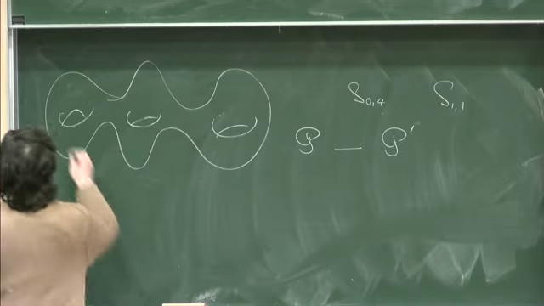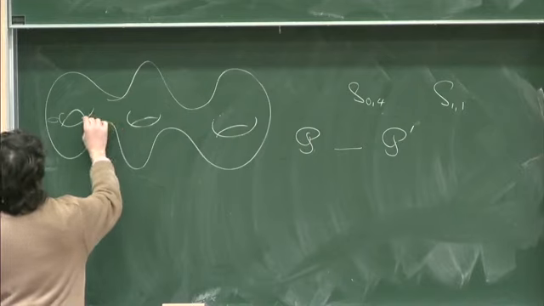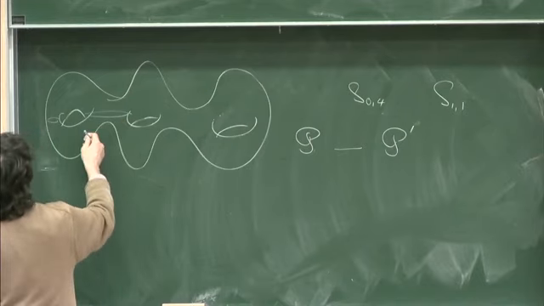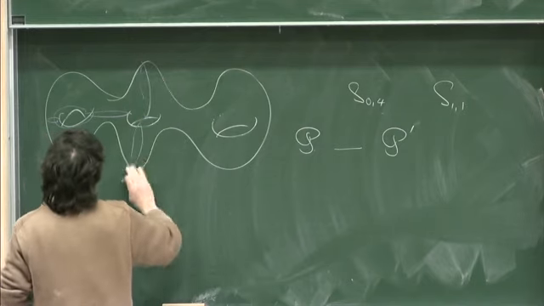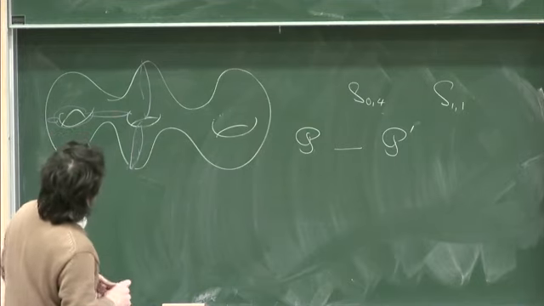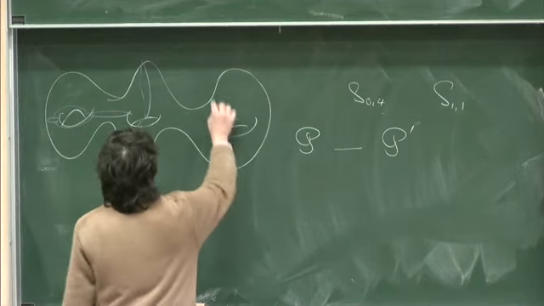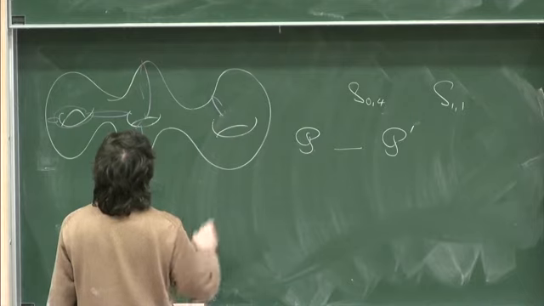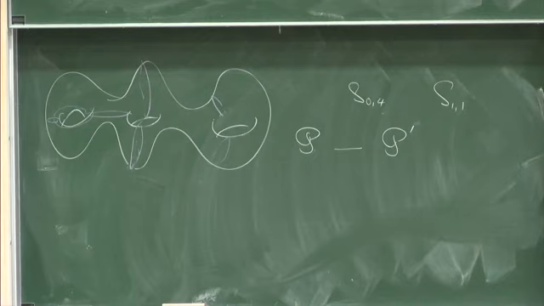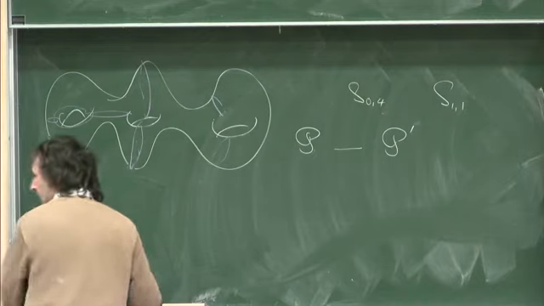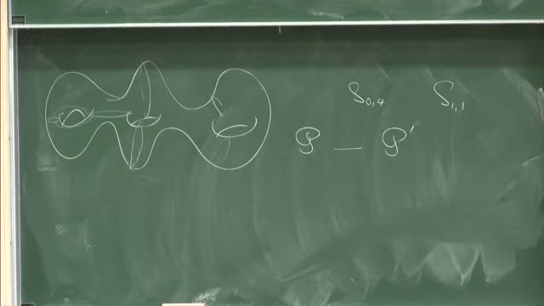First, they have to differ by only one element. Why do I always choose genus 3, which is a bit of a drag, but okay. I don't want to choose genus 2 because it's a bit too simple. So they have to differ only by one element and to be connected by an S move or an A move.